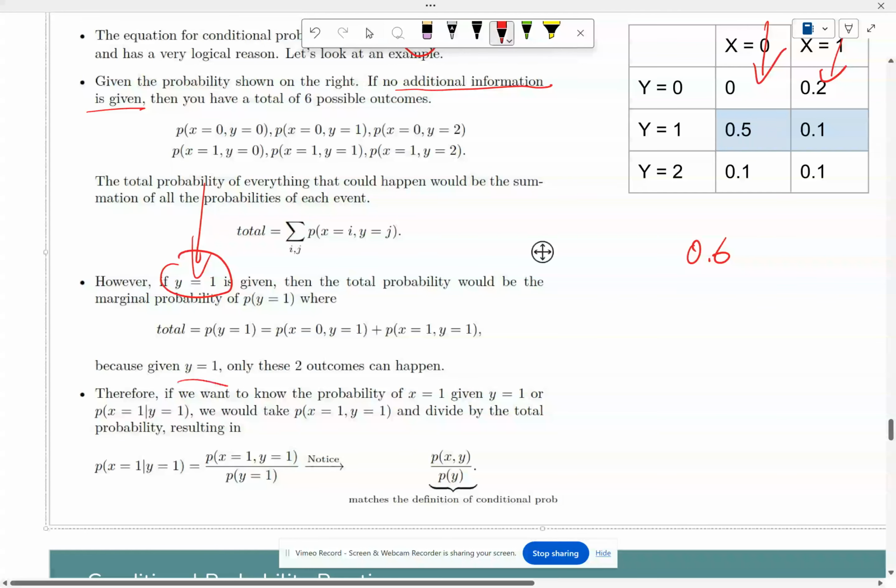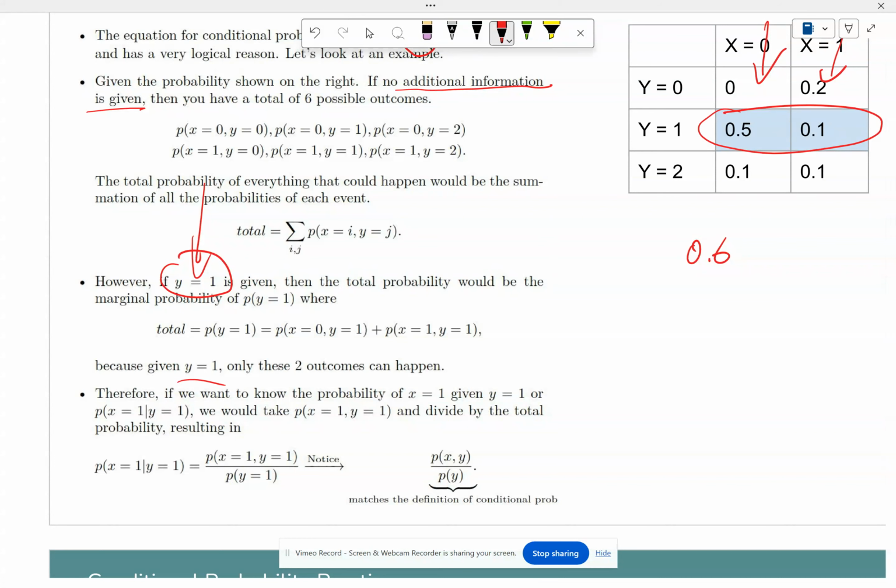Now, because Y equals 1, we only have 2 outcomes. Therefore, if we want to find the probability that X is equal to 0, given that Y is equal to 1, then what the probability of X happening is, is the probability of X equals 0 and Y equals 1.